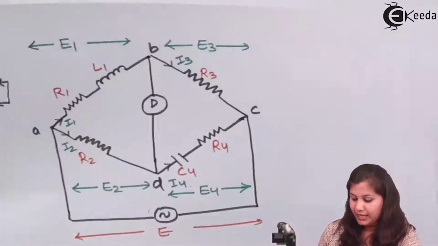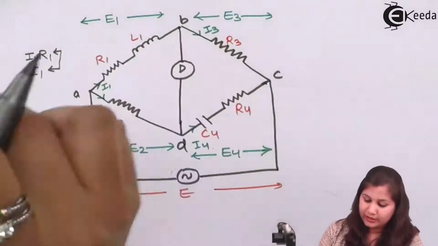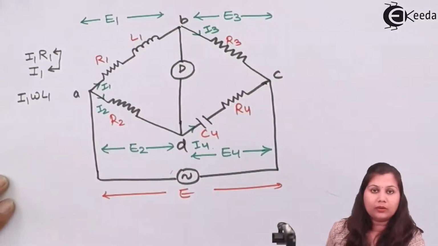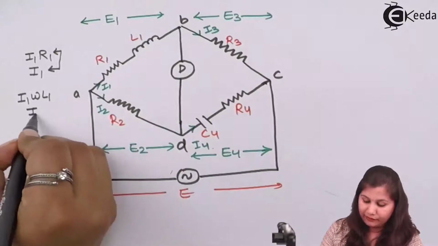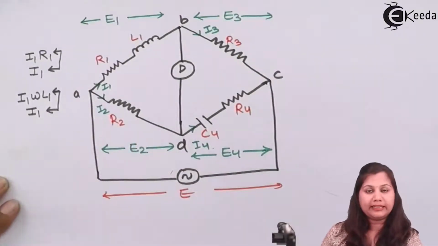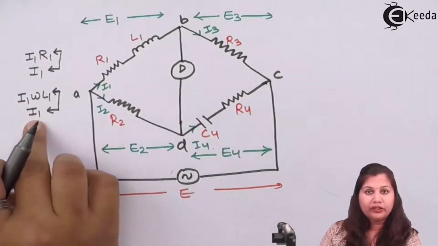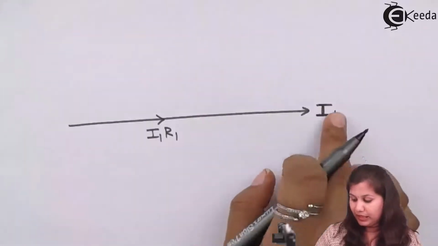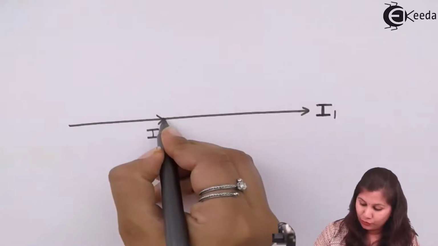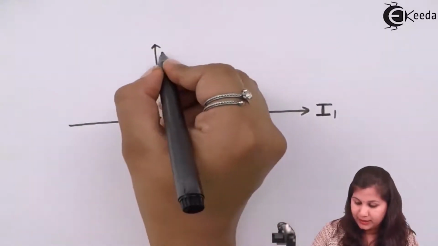Then we have the voltage drop across this inductor. Across this inductor, the voltage drop is I1 omega L1, and the current is I1. So this voltage and current will have a 90-degree difference with each other. The inductor voltage is going to lead the current by 90 degrees. Current is I1, voltage is going to lead it by 90 degrees, so the voltage I1 omega L1 will be drawn here.